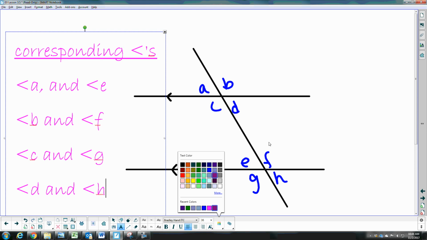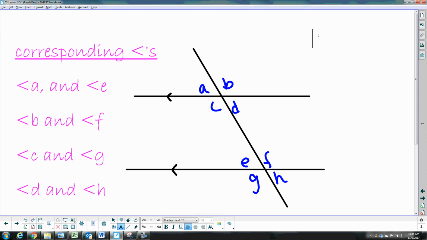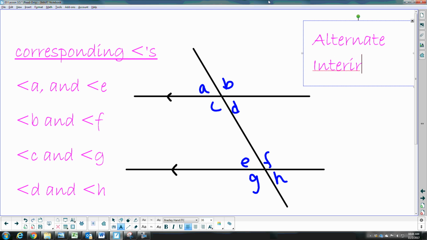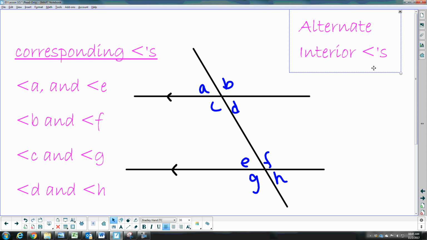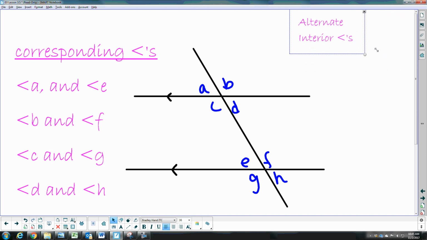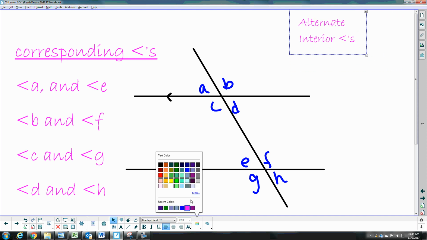The second, alternate interior angles. Okay, so the second part of our conjecture says alternate interior angles are congruent.